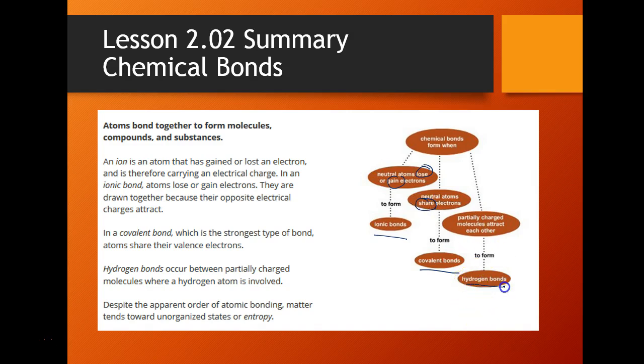And we have hydrogen bonds, when partially charged molecules are attracted to each other, and our example was water molecules. Despite all of these different types of chemical bonds that we've gone over, remember that at the end of the day, matter will always tend towards unorganized states, or entropy.